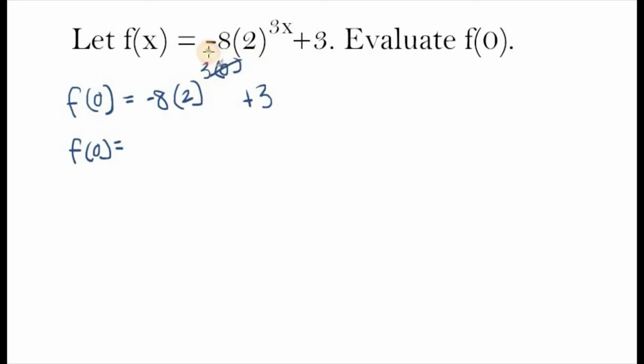This will cross out, turn to a 0. And 2 raised to the 0 power will give you 0. So you'll get negative 8 plus 3, which will turn out to be negative 5. So f of 0 is equal to negative 5. And that is how to solve exponential functions and evaluate for them.